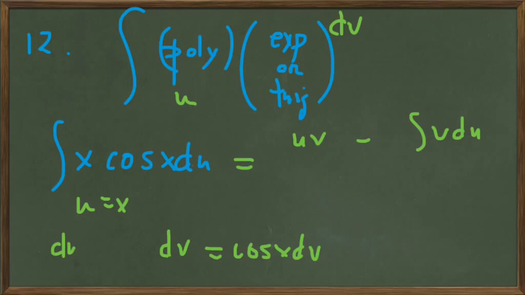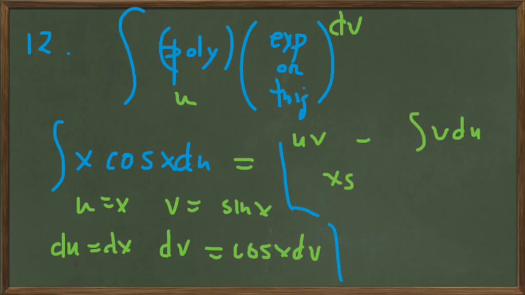So we need du, which is dx, and we need v, which is obtained by integrating dv, which is sine x. And so when we split it up into the uv minus integral v du form, u is x, v is sine x, and then the objective here is to get this integral v du to be one that we can do, and that gives us sine x dx, which is an integral we can do.